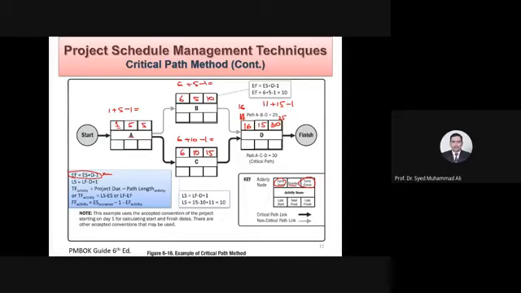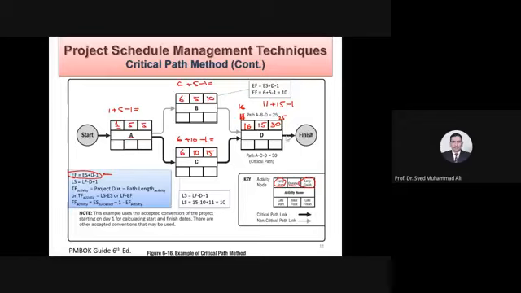Now this longest path is the shortest time for completing our project. Now, this is the critical path. That is why it is bold, or maybe make it in red. If somebody asks you what is your project duration of construction of this home up to the roof slab, you will say 30 days.